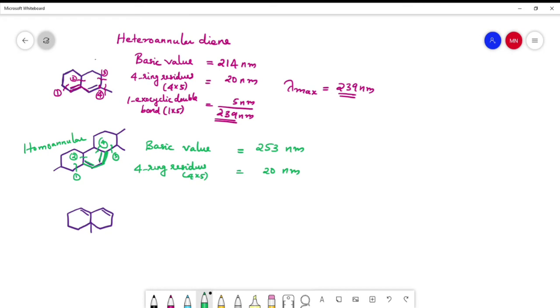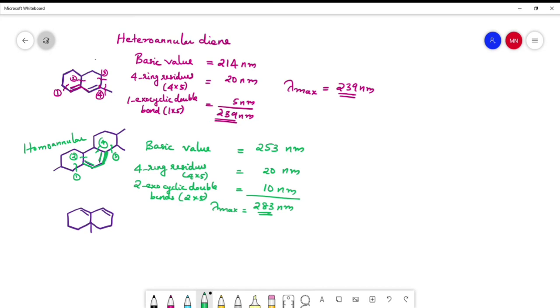So there are 2 exocyclic double bonds, each of which will contribute 5 nanometer. So 2 into 5 equals 10 nanometer. So the lambda max for this compound will be 283 nanometer. This is how you will be calculating.